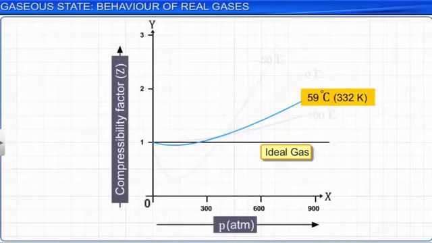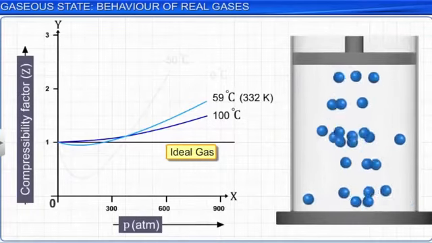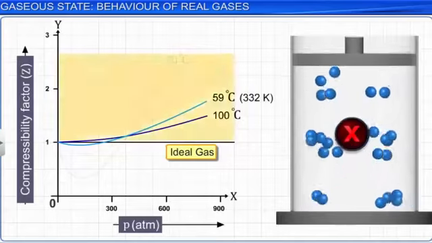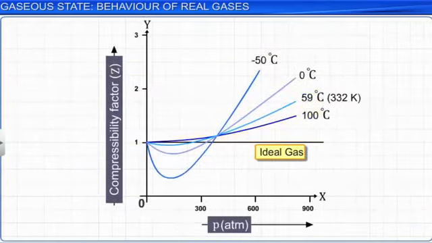Above Boyle temperature, real gases are difficult to compress and the Z value is greater than 1. Below Boyle temperature, real gases first show decrease in the value of Z, then reaches minimum, and with the increase of pressure, Z value increases continuously. Thus, at low pressure and high temperature, gases show ideal behavior.